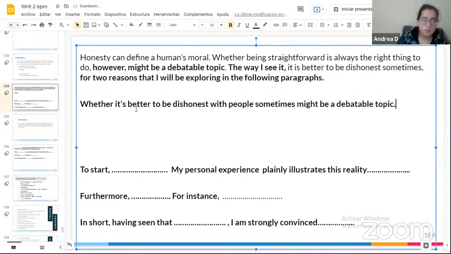So you just need to do that, but try to paraphrase it. So use different words. So instead of saying dishonest, you can say maybe lie, or instead of saying better, you can say acceptable, or instead of saying, I don't know, sometimes, so from time to time. So you just need to try to change the words or try to change the question too. So when we are allowed to be dishonest might be a debatable topic, or how honest we are supposed to be might be a debatable topic.